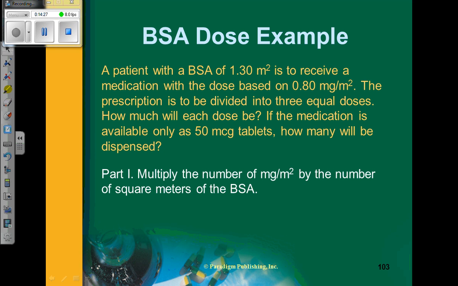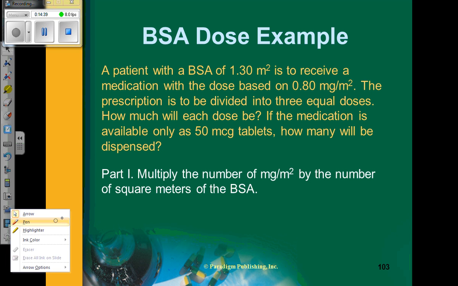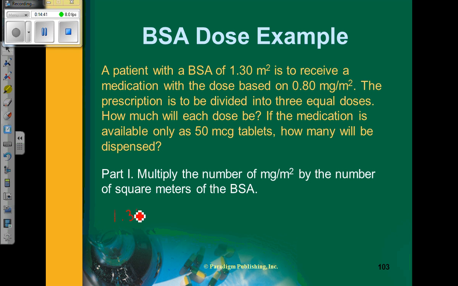So first, on part 1, I'd like to set mine up in ratio proportion. If we look here, the patient, of course, has the BSA of 1.30 meters square. And we're trying to find the dose, which is then going to be in X milligrams.